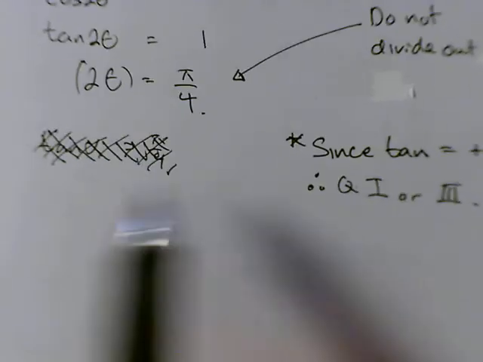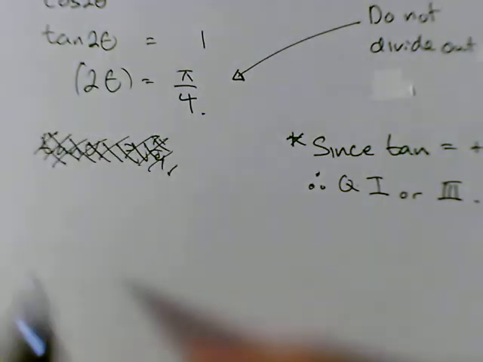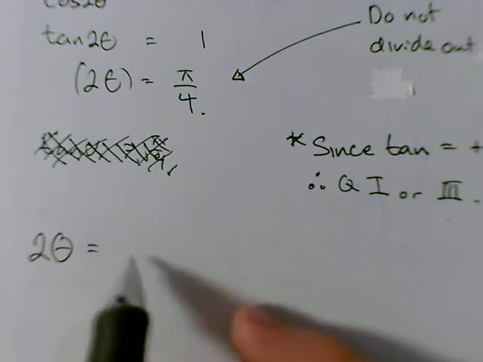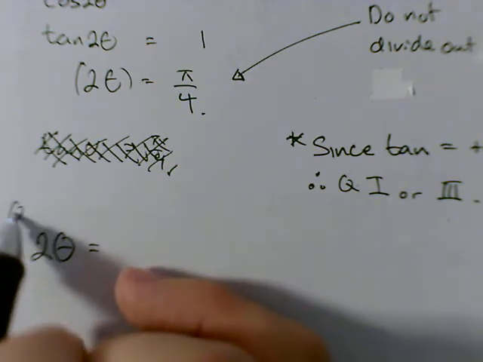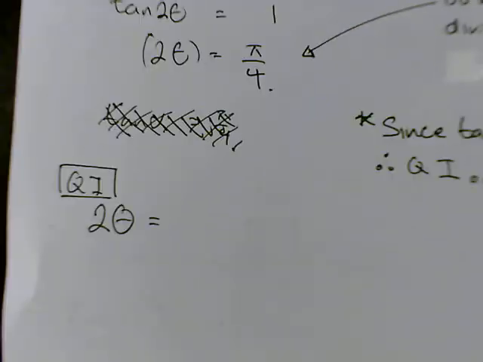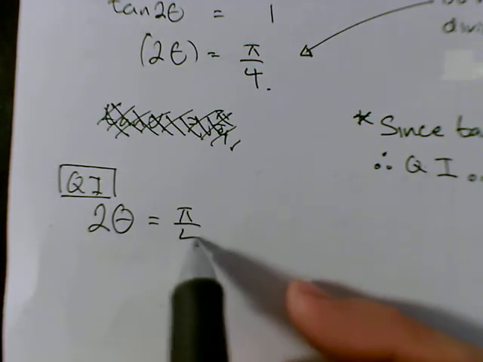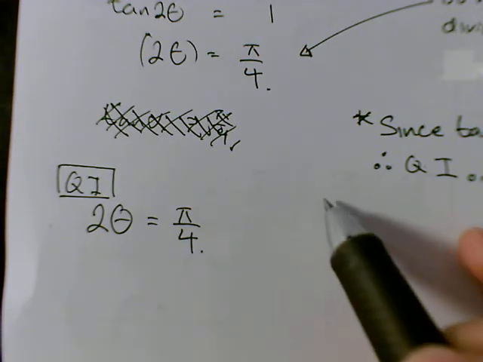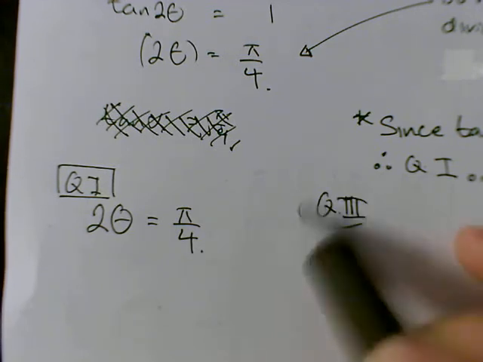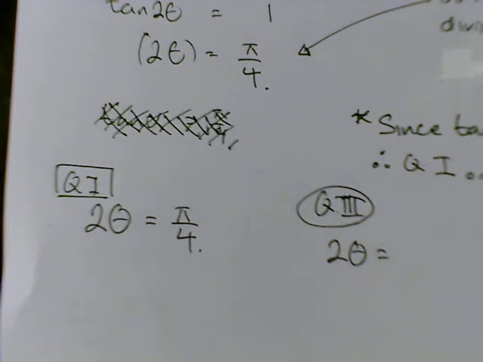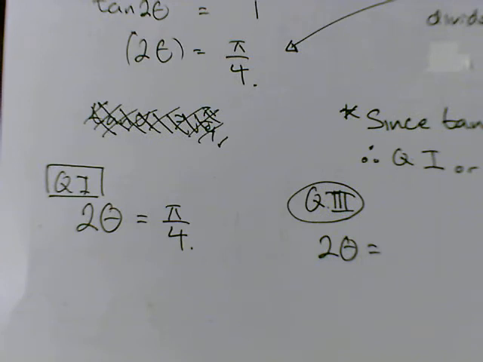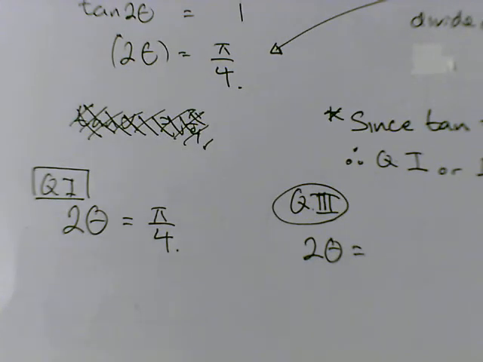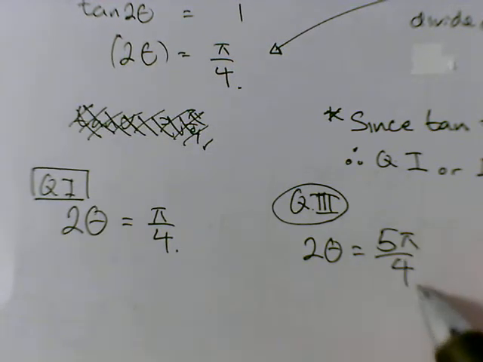So if the angle I'm dealing with is in quadrant 1, 2 theta is going to be pi over 4. But if it's in quadrant 3, 2 theta would be pi over 4 plus an extra pi. It would be 5 pi over 4, right?